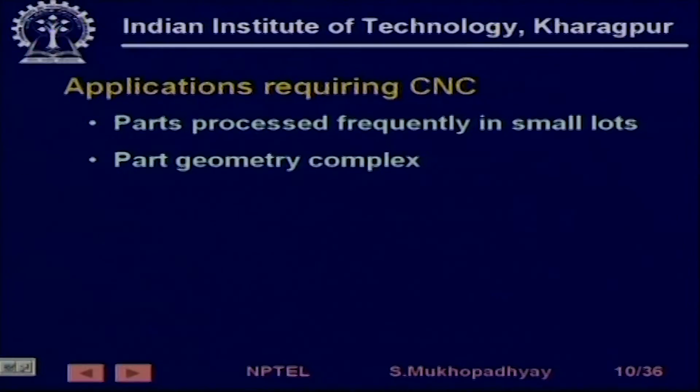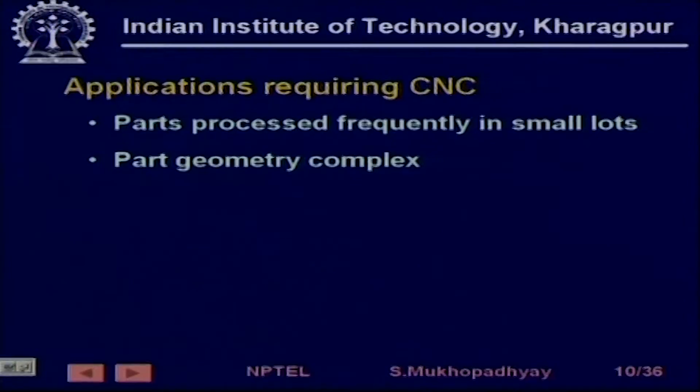Typically, these CNC machines are very expensive. So it's not that everybody can afford it, or that for every kind of manufacturing operation one has to procure a CNC. CNC will be good for parts processed frequently in small lots, because if you don't use automation, you are going to end up spending a lot of setup time.